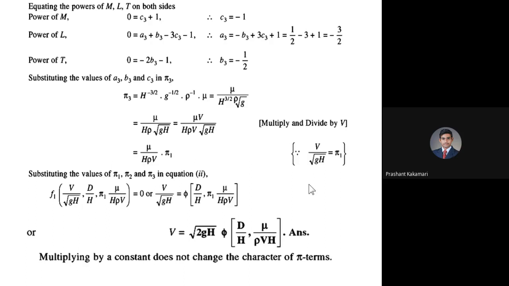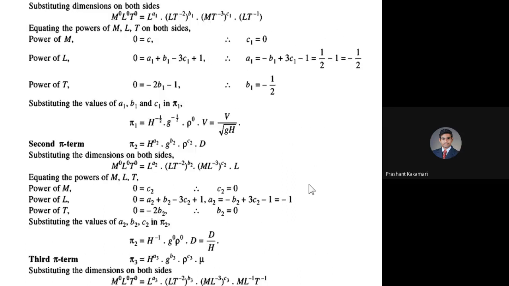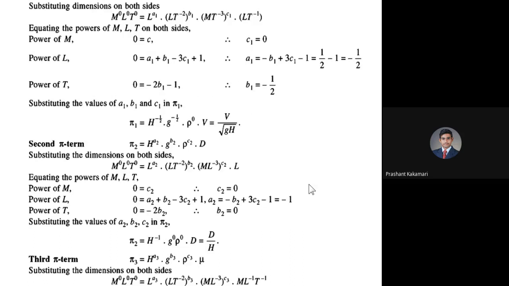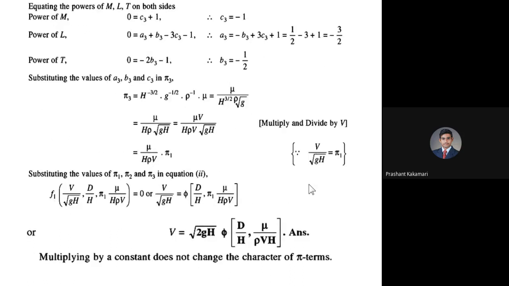Actually, we have to write it like that, but as per the question we only need to show whether it is dependent like this or not. Yes, it is dependent like that. Still, if you want to write the function, you multiply mu by rho VH into the pi 1 term, V by square root of gh. Now it is clear? Yes, sir.